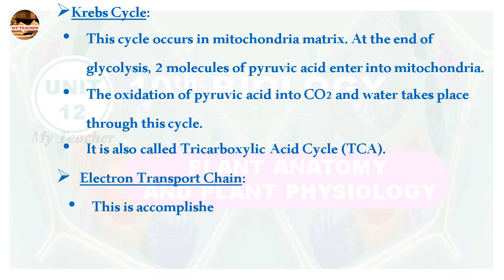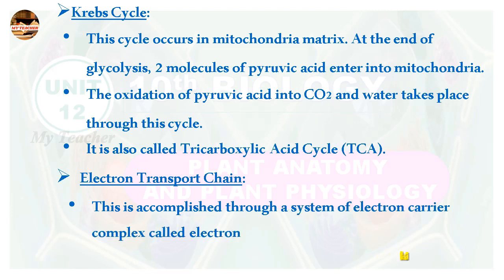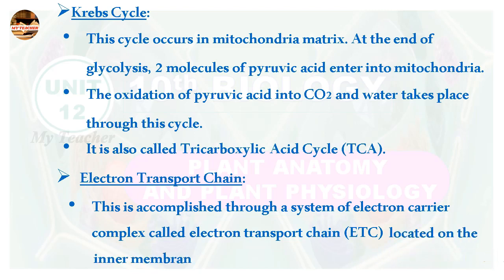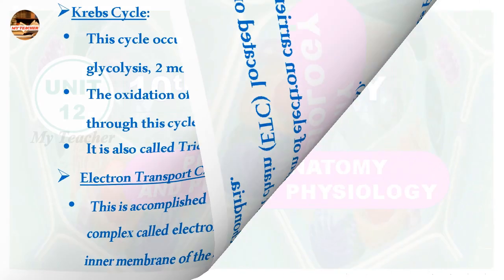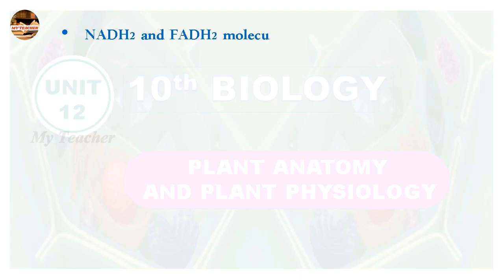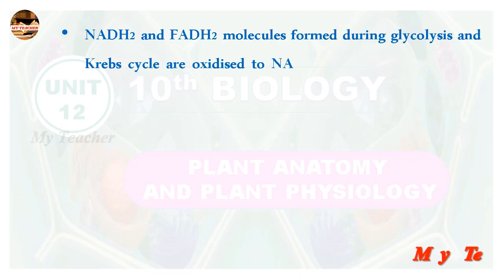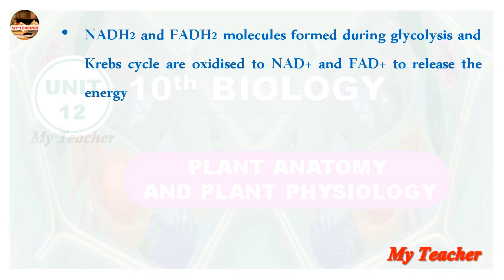Third point is electron transport chain. This is accomplished through a system of electron carrier complexes called electron transport chain or ETC, located on the inner membrane of the mitochondria. NADH2 and FADH2 molecules formed during glycolysis and Krebs cycle are oxidized to NAD+ and FAD+ to release the energy via electrons.